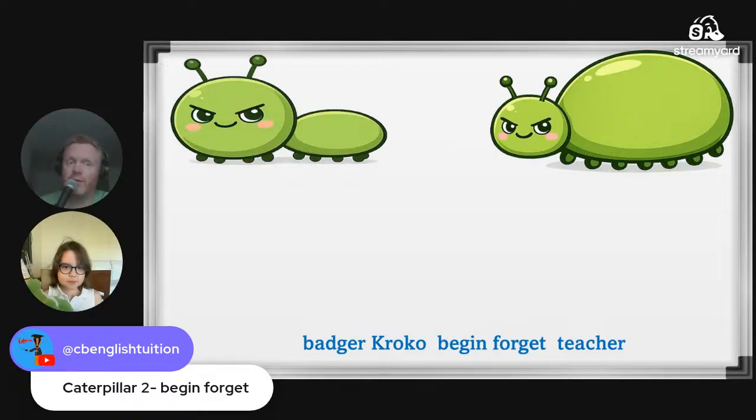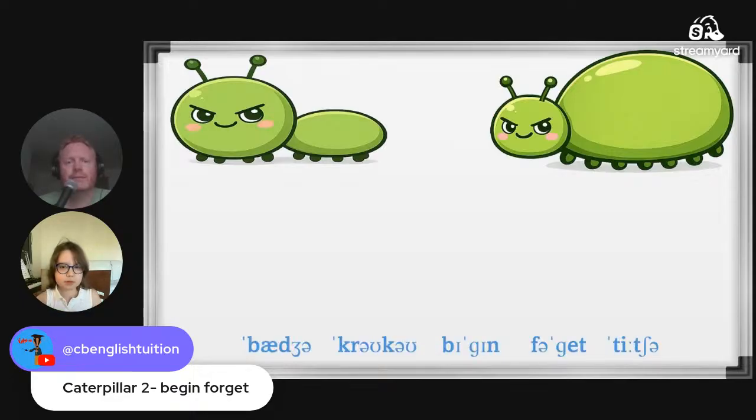That's not the only kind of stress. There's also sentence stress. Do you know what sentence stress is, VT? Oh, that's the words in IPA, by the way. One more thing: how do we represent word stress in IPA? Do you see that little line at the beginning of the word badger?